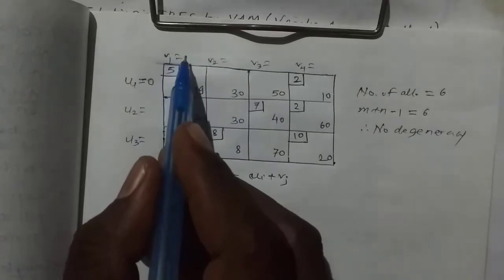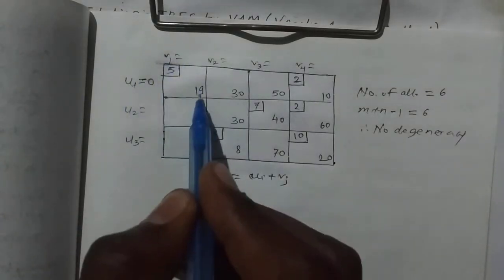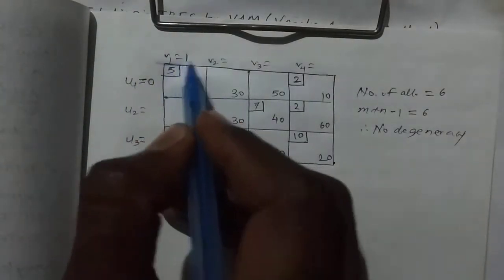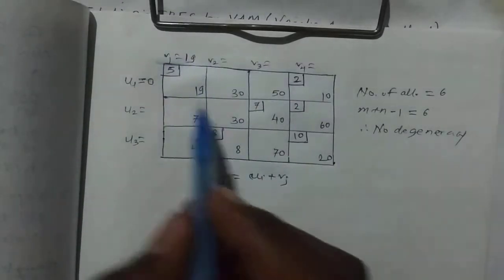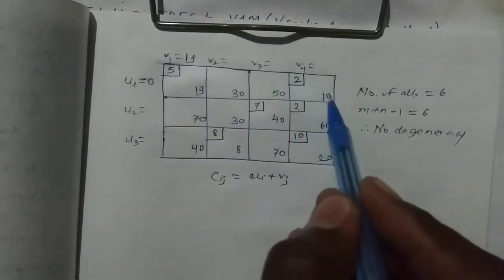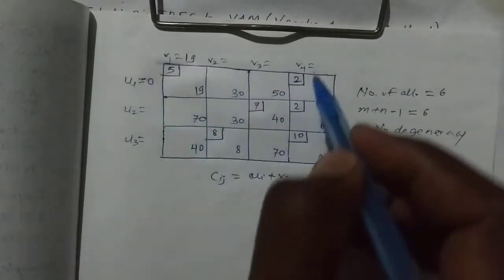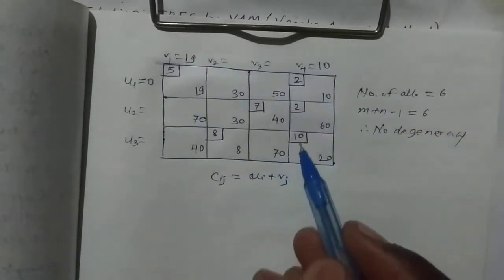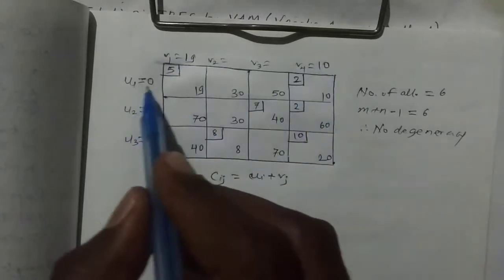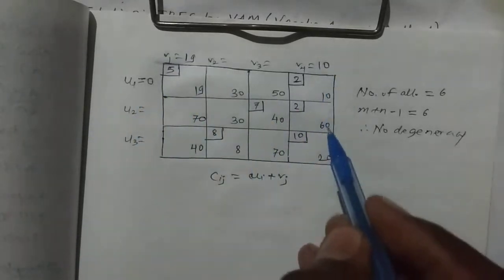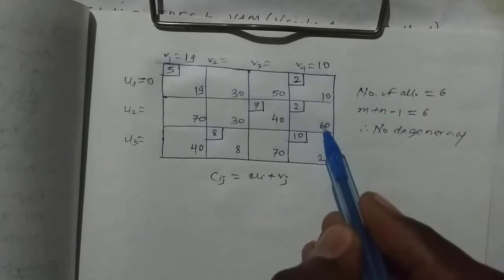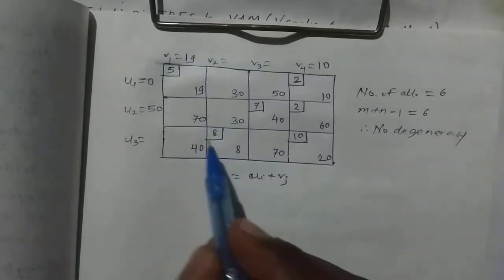So 0, that is u1 plus v1 should be equal to 19. So therefore v1 is 19. Similarly, consider this allocated cost. So u1 plus v4 should be 10. So 0 plus 10. So addition of these two should be 10. Similarly, addition of this value and this value should be 60. 1 is known, so next value will be 50.